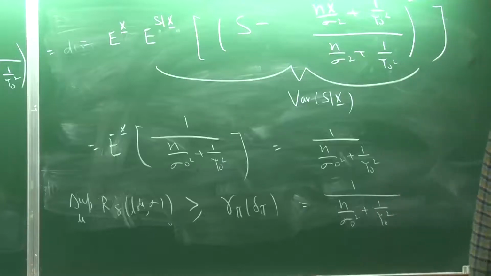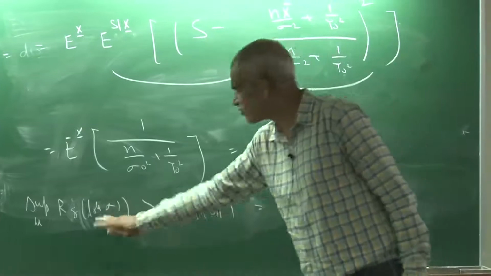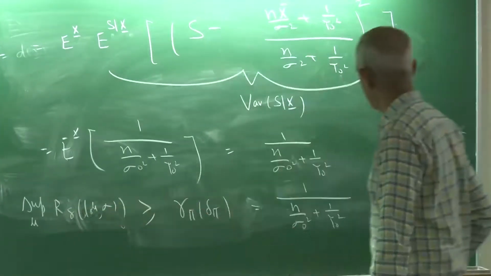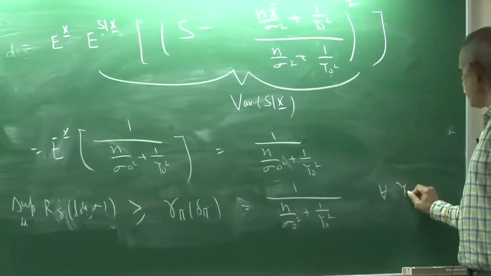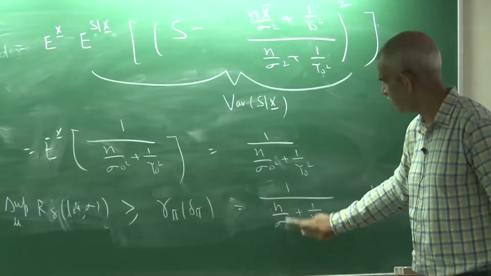Now the prior is in my hand. The left hand side does not depend on the prior, so it does not depend on tau naught. So it says that the supremum of this risk is always greater than or equal to this for every tau naught greater than 0. This would be sigma square, sorry.